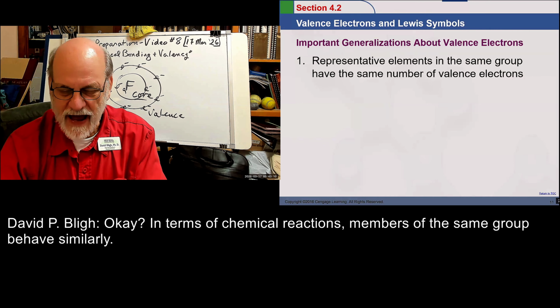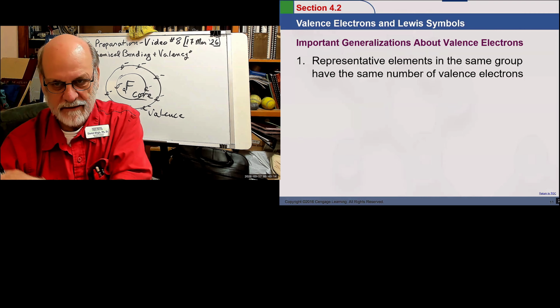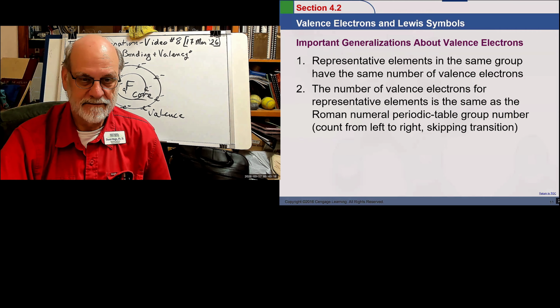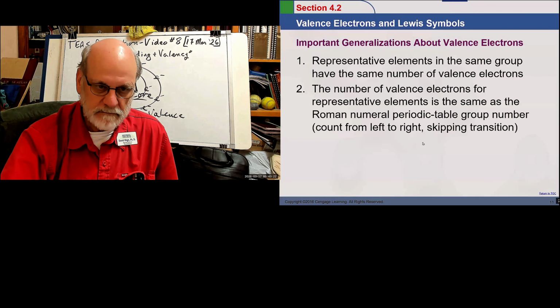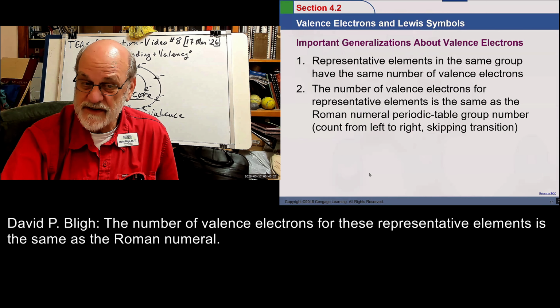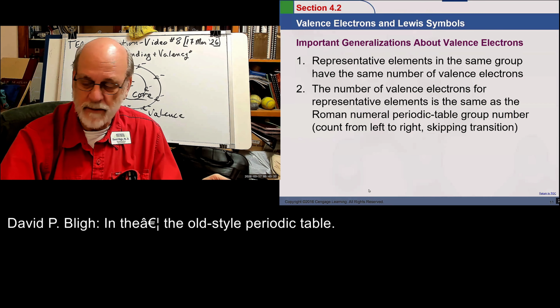In terms of chemical reactions, members of the same group behave similarly because they have the same number of valence electrons. The number of valence electrons for these representative elements is the same as the Roman numeral in the old style periodic table.